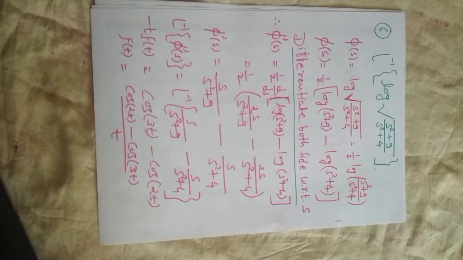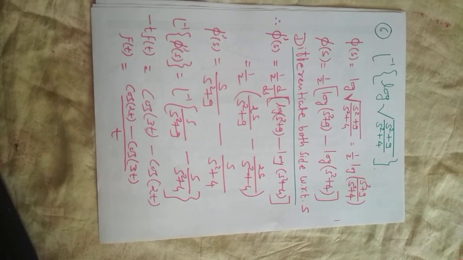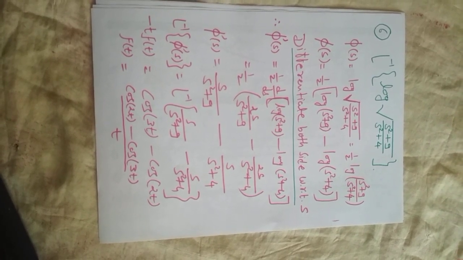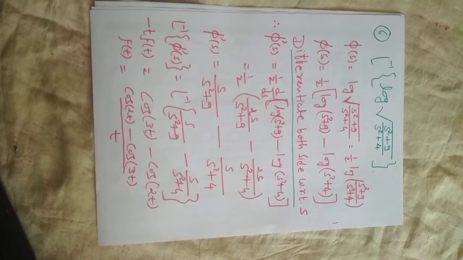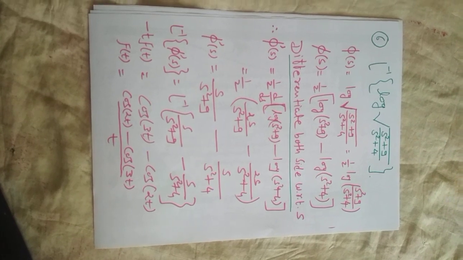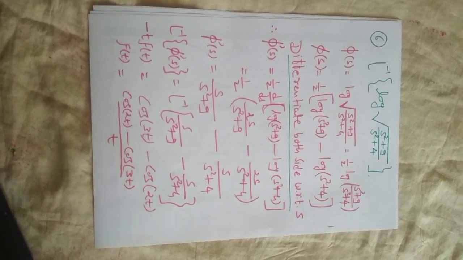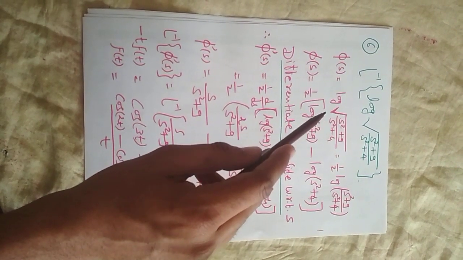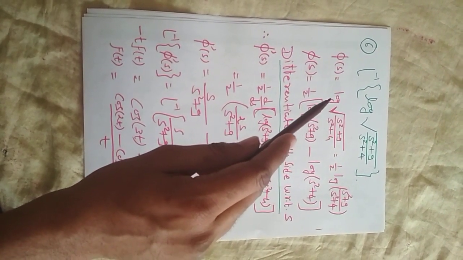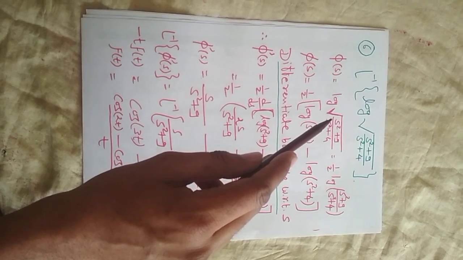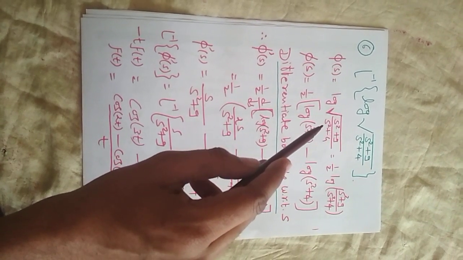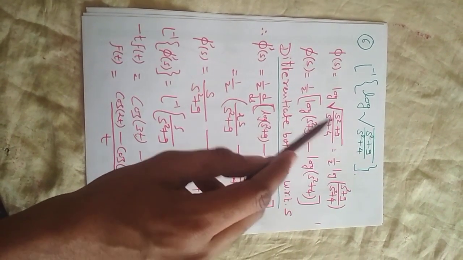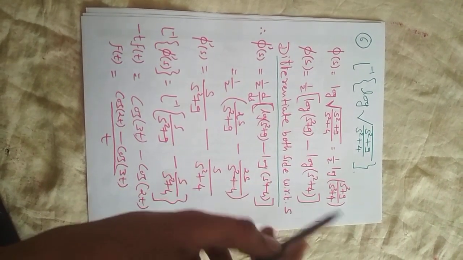Let us see one more example. L inverse of log of square root of (s square plus 9) upon (s square plus 4). Here we remove the square root. It is log of ((s square plus 9) upon (s square plus 4)) raised to 1 by 2, and this 1 by 2 goes outside.